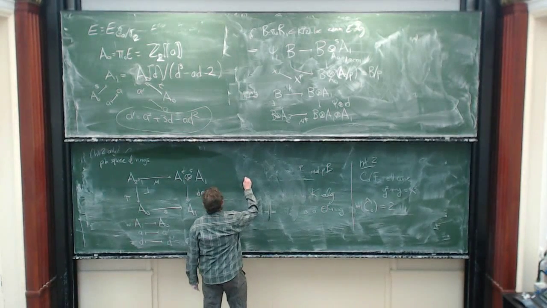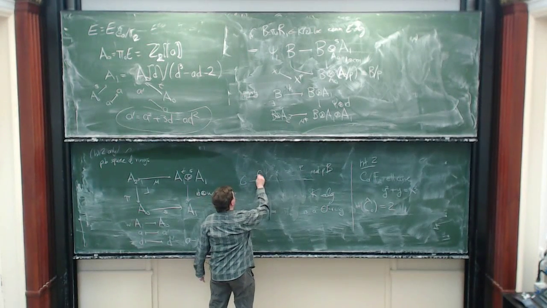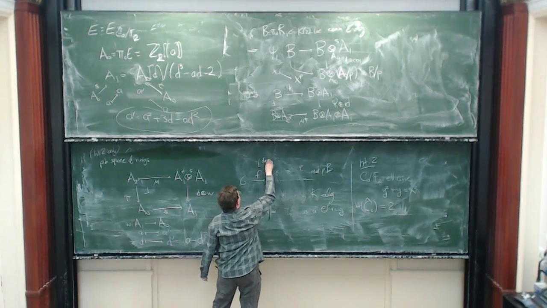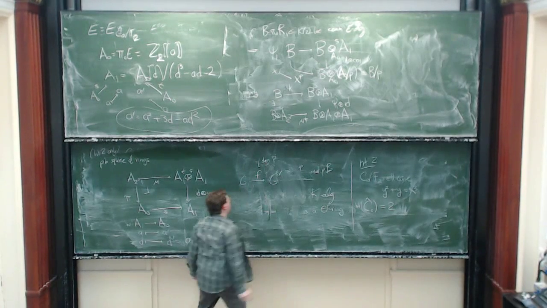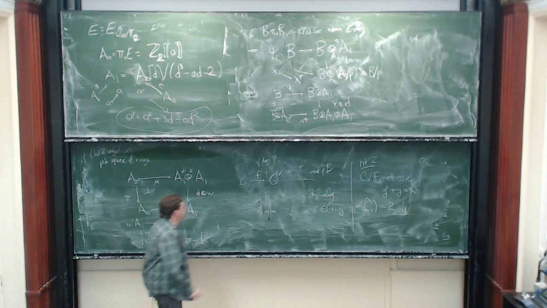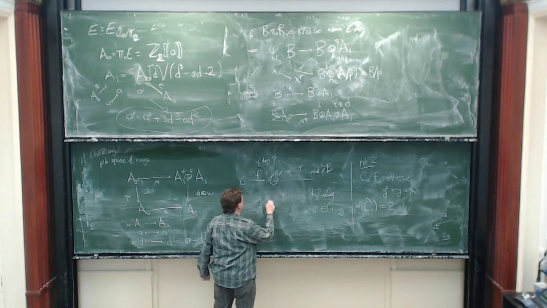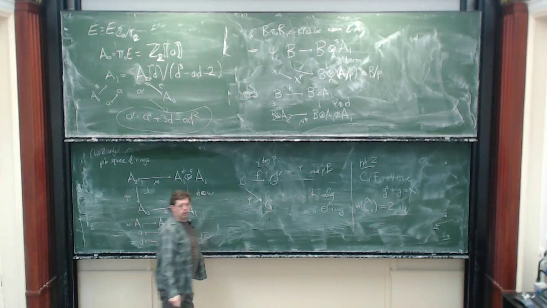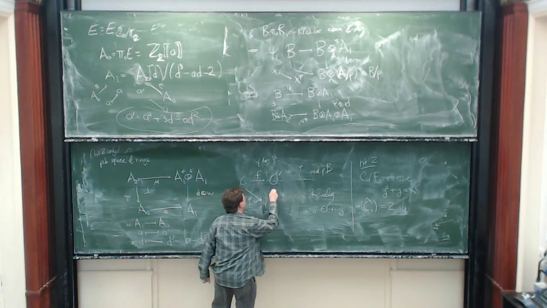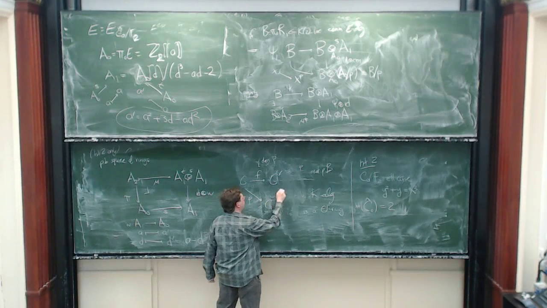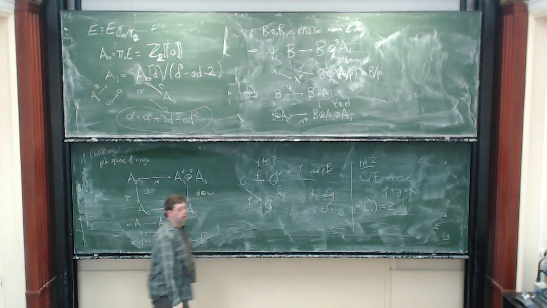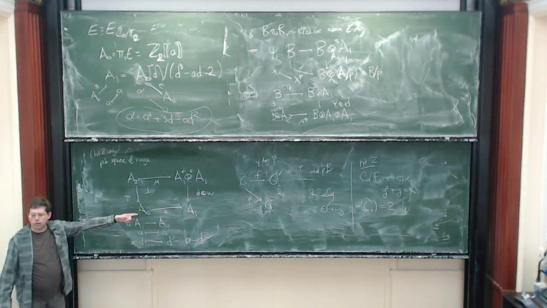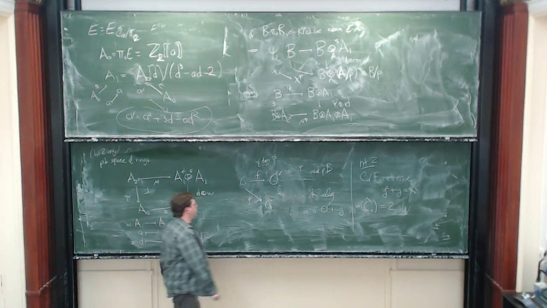If I have an isogeny of degree p, that always factors the p series of G. So there always exists a unique map which I'll call f hat. So given an f, I can factor it uniquely through p.